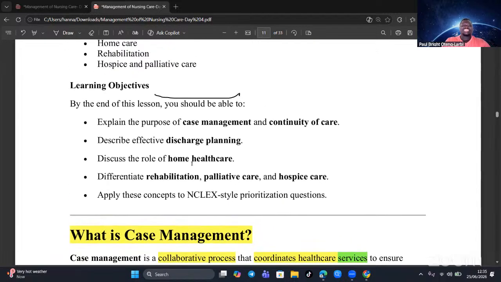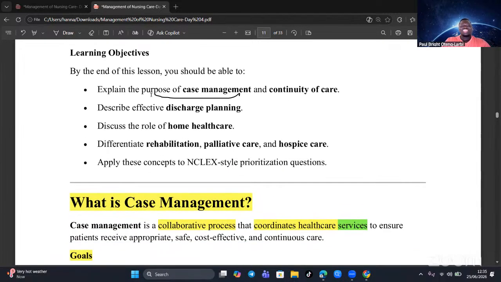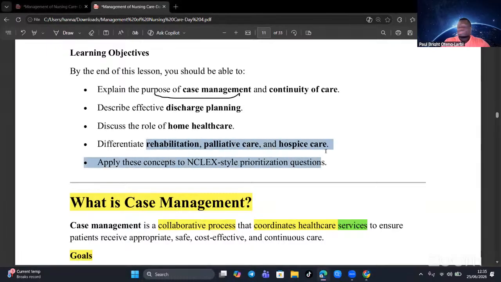So we are going to learn the purpose of case management. Describe effective discharge planning. Discuss the role of home health care and differentiate rehab, palliative care, and hospice. A lot of case managers get problems here. You don't know which patient should go where.